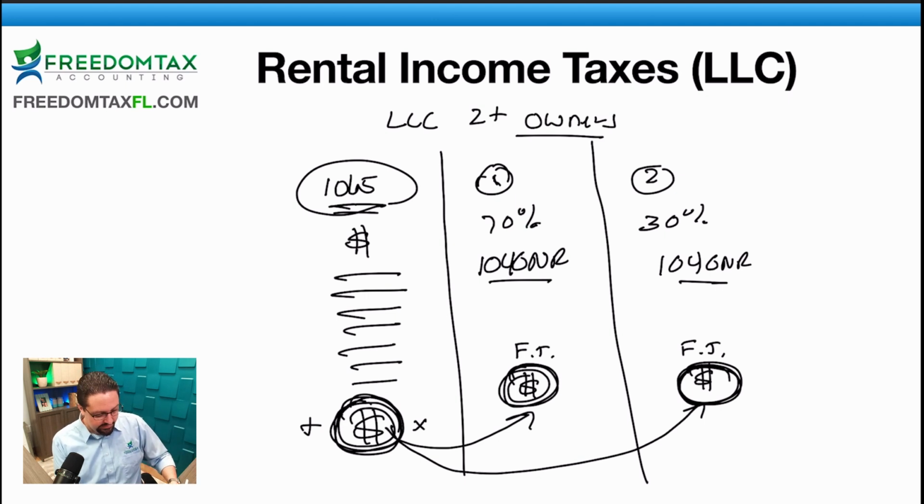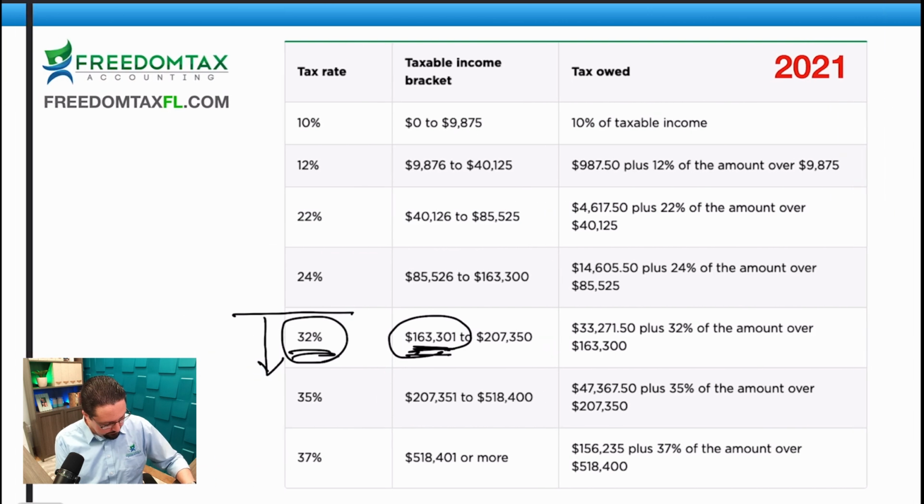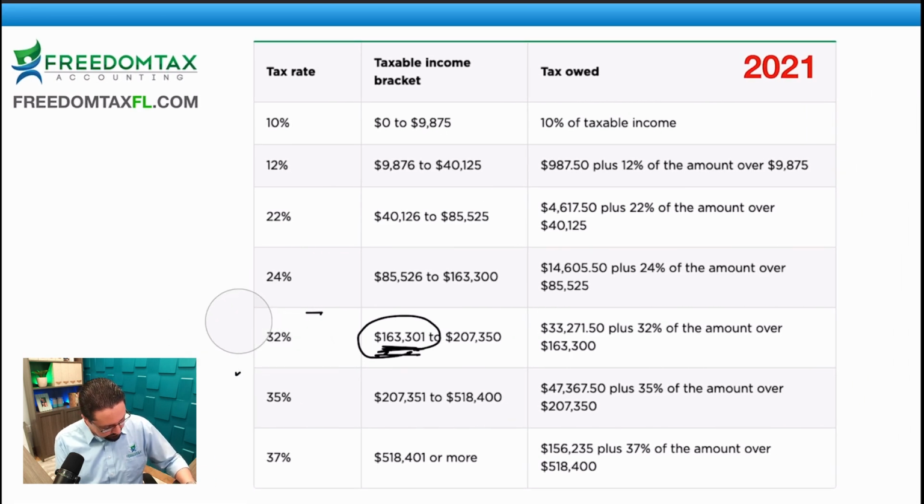Once again, this starts at 10%, because each owner is going to have to pay taxes according to this tax table. Okay? So remember that.